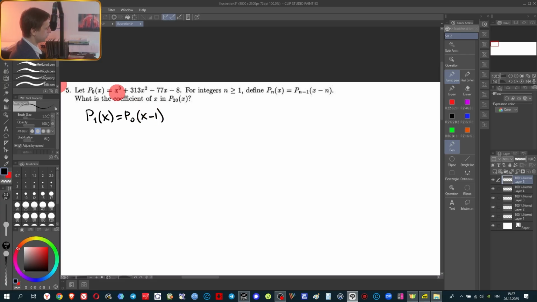So instead of variable x, here you substitute x minus 1. So p1 of x looks like (x minus 1) cubed, instead of x I substitute x minus 1, plus 313 (x minus 1) squared minus 77 (x minus 1) minus 8. That's how this polynomial p1 of x looks.